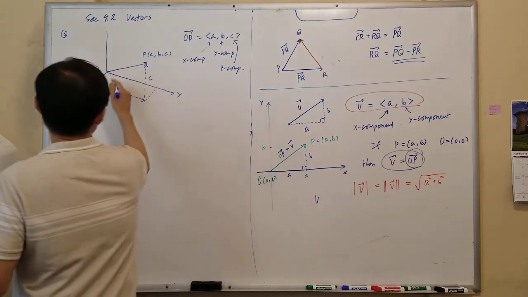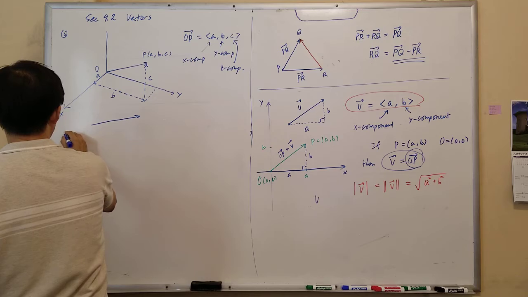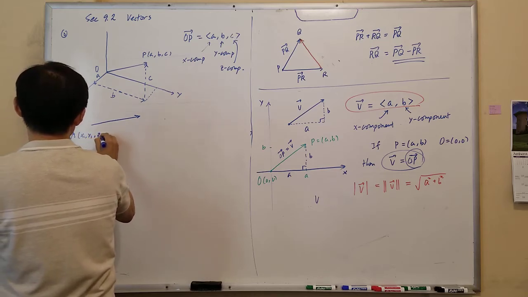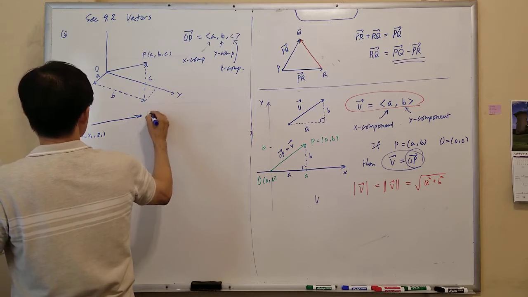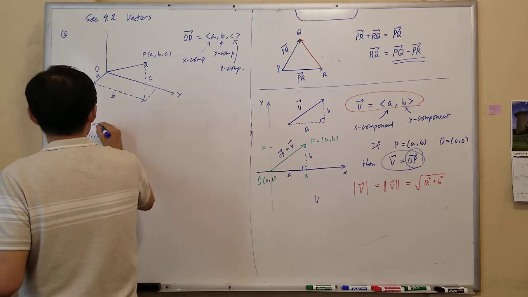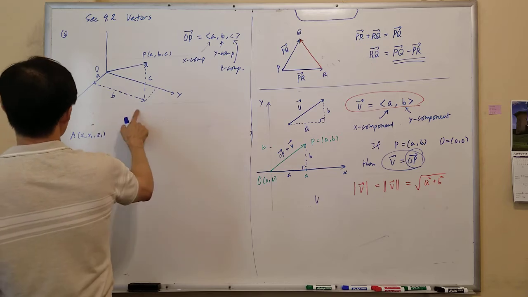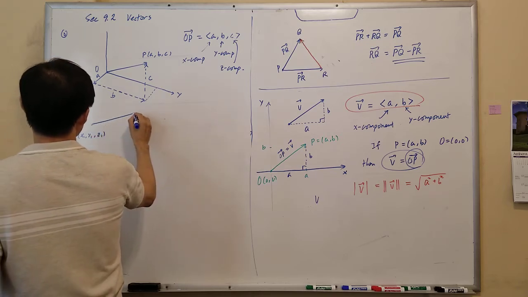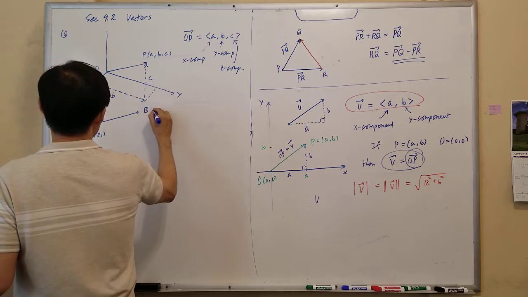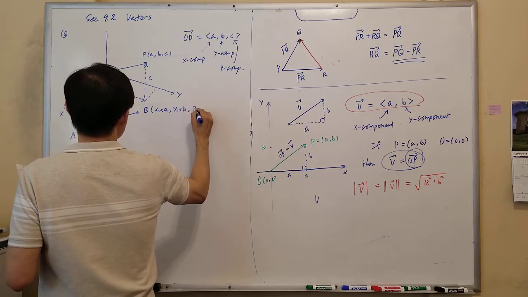Now, if you have a connection from A, which is the point x1, y1, z1, to, let's say B, which is x1 plus A, y1 plus B, z1 plus C. It's so hard to draw.